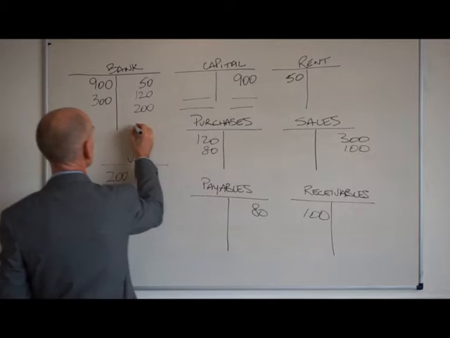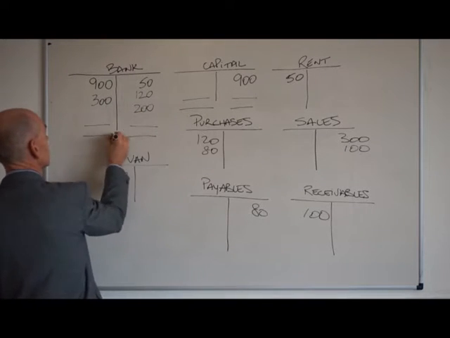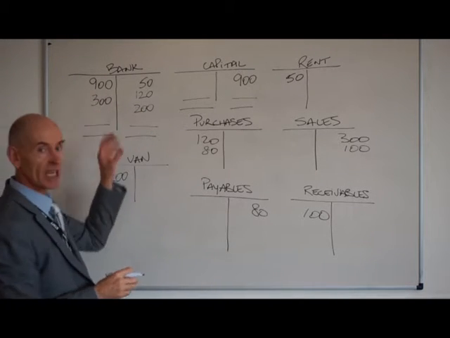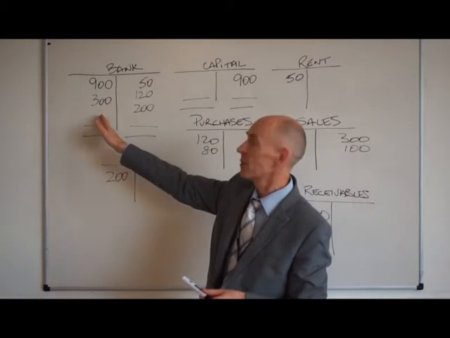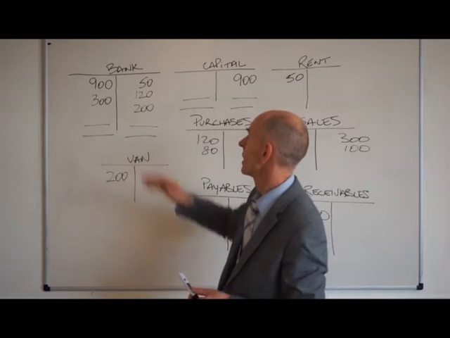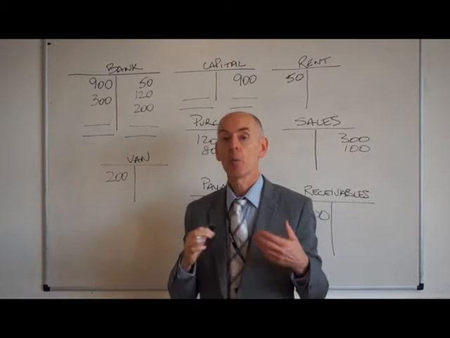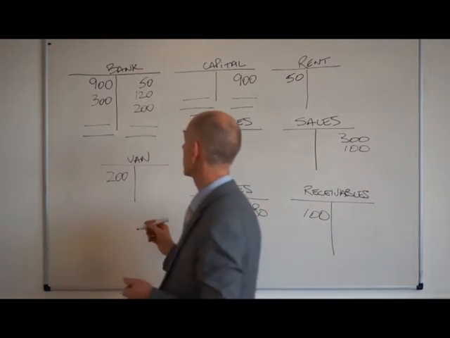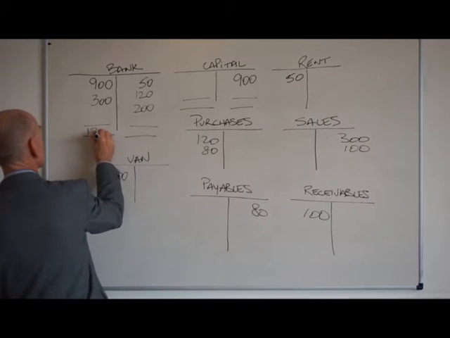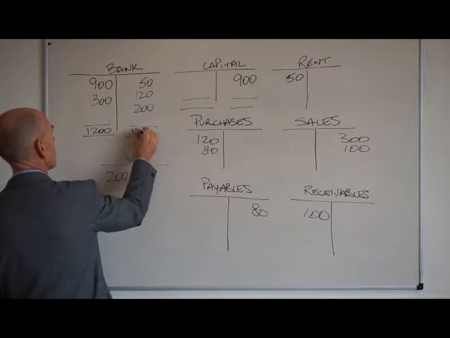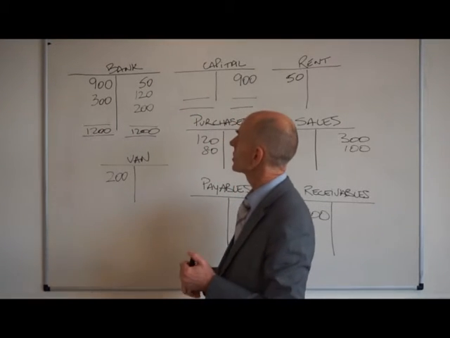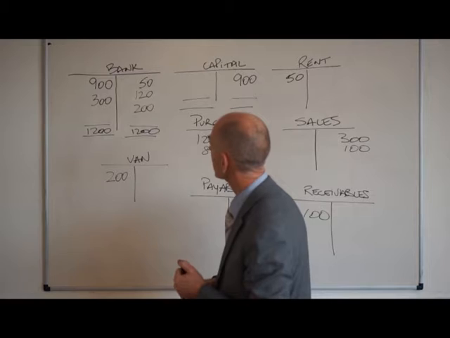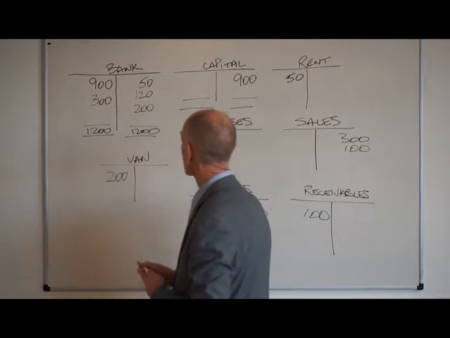Okay, so the first thing we need to do is actually balance off the accounts, which I shall do very briefly. So the bank account, to balance it off, we can see on that bank account that there is more on the debit side than the credit side. The question is, how much more? So we do a little calculation. We've got 1,200 on the debit side, but on the credit side there is considerably less, so that's 830.